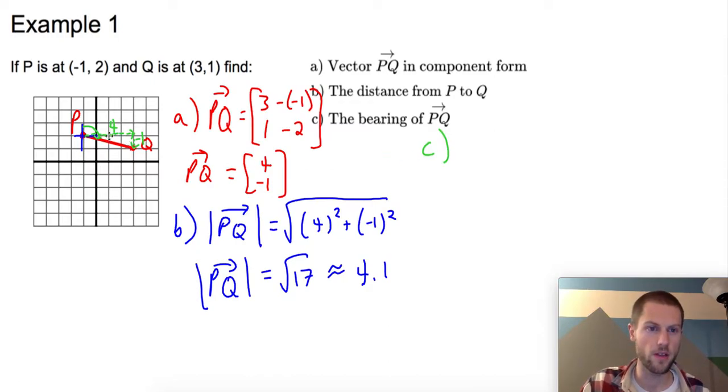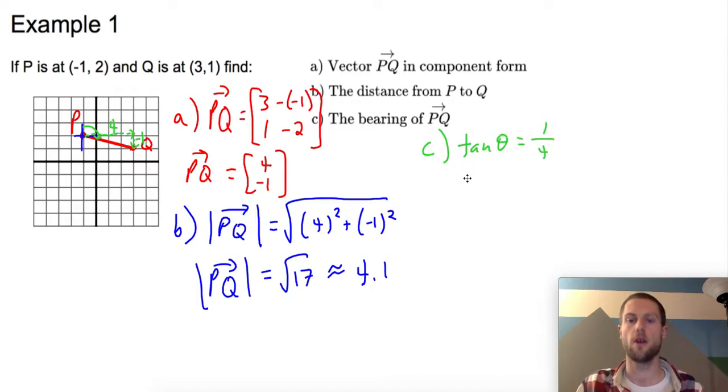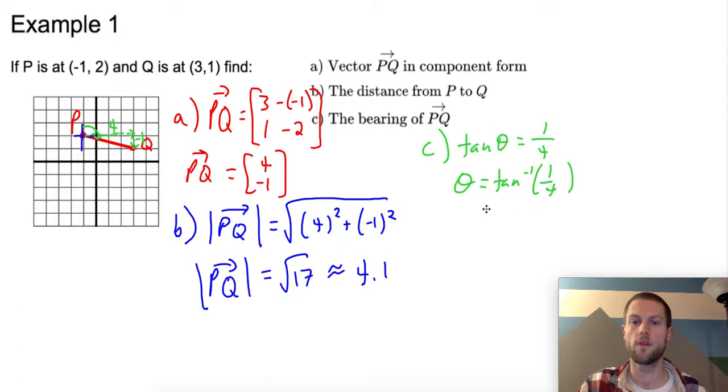If I want to find the little tiny angle inside this triangle, we can call that theta. The tangent of that theta is going to equal the opposite over the adjacent, so that's 1 over 4, and I'm just going to use the positive values for now. And so theta is going to equal the inverse tan, or arctangent, of 1/4. And that little tiny angle comes out to be 14 degrees.